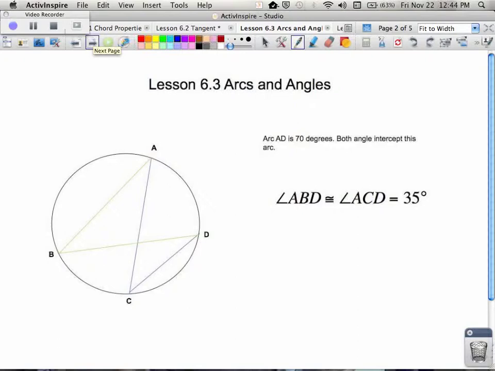In the second slide here, what we want to show is that if we have two angles that are inscribed intercepting the same arc, they are the same size.